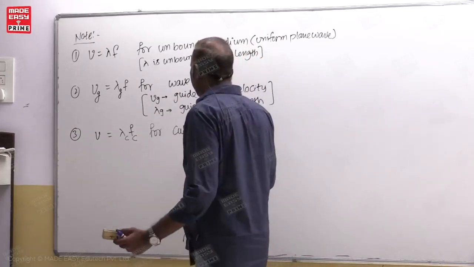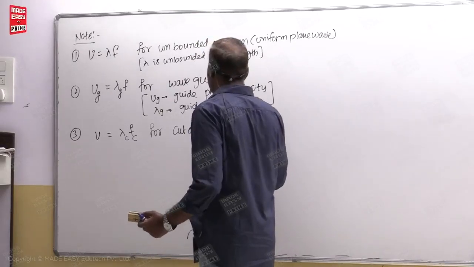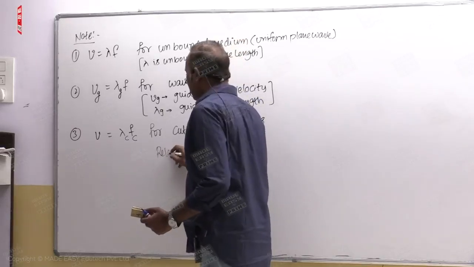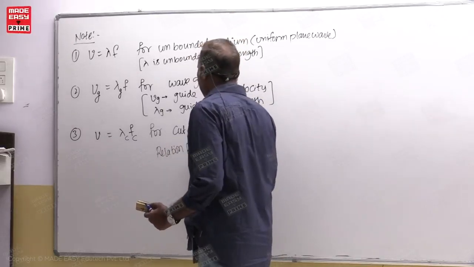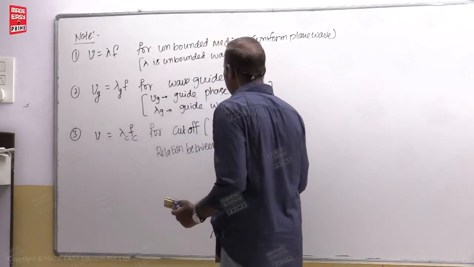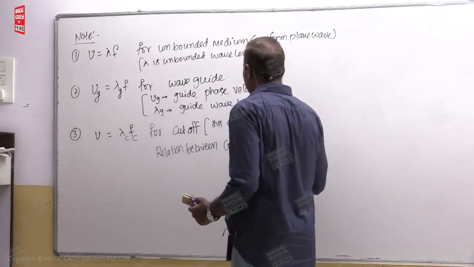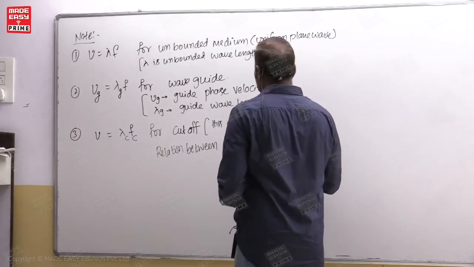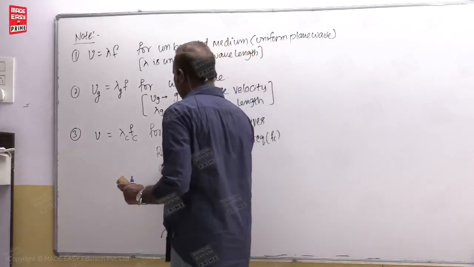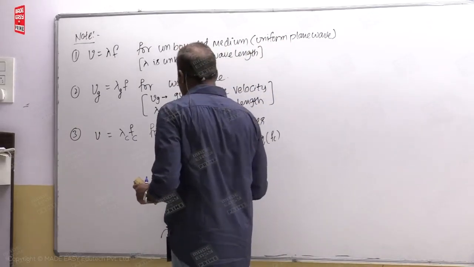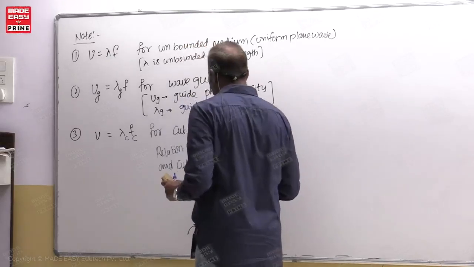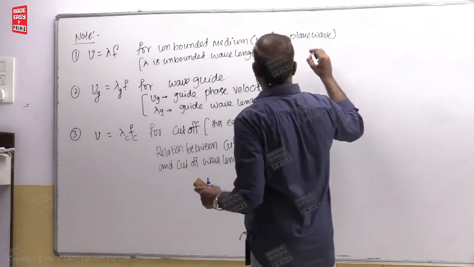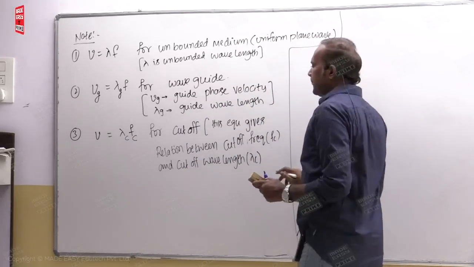For cutoff, that means this equation gives relation between cutoff frequency Fc and cutoff wavelength lambda c. Okay, right.